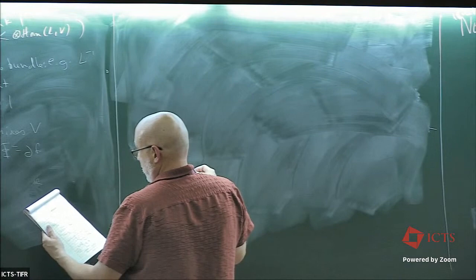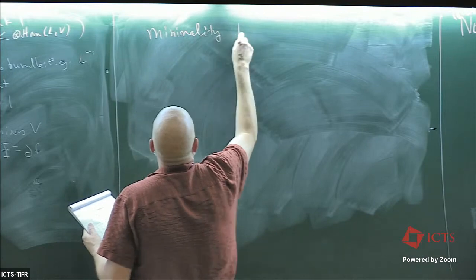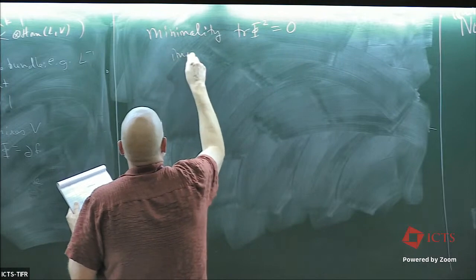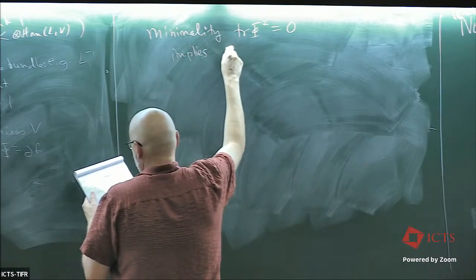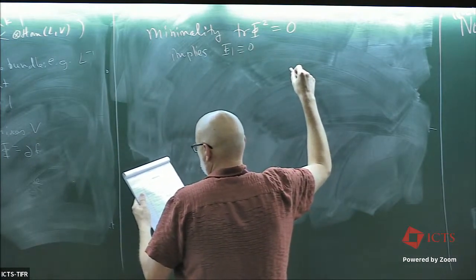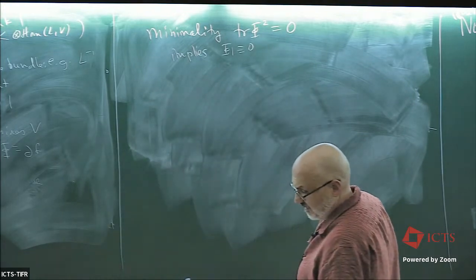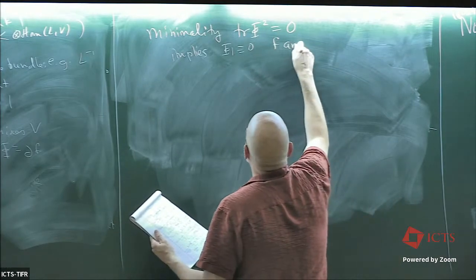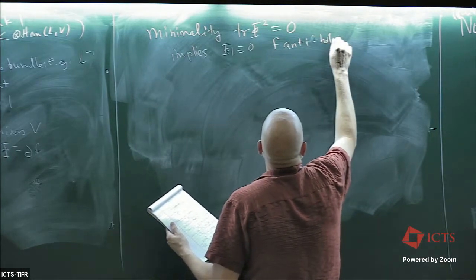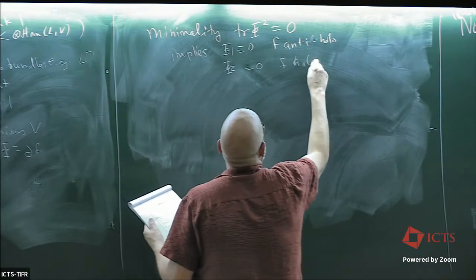Let's see, how much of this do I want to do? So the minimality condition implies that either phi1 is identically 0, in which case F would be anti-holomorphic, or phi2 is identically 0, F is holomorphic.